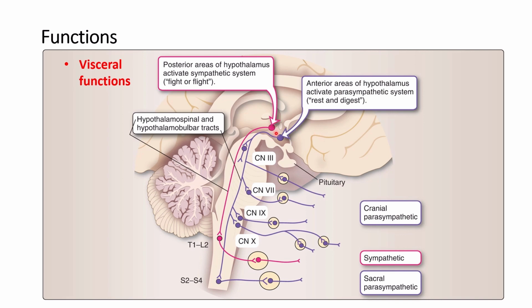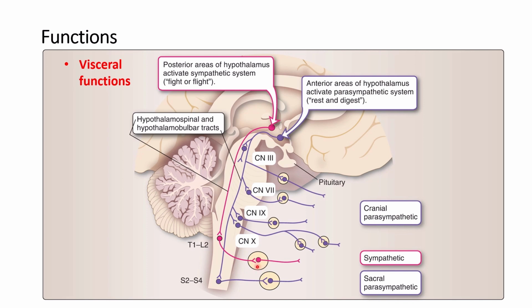So for the sympathetic system, it goes through the posterior nucleus of the hypothalamus. It goes through the brainstem, and then it ends up in the lateral horn of the spinal cord, the gray area, so between T1 and L2. And then this is the preganglionic neuron, and this is the ganglion.